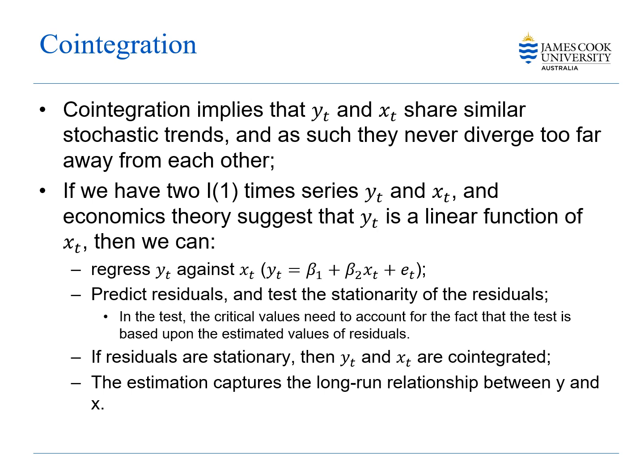So now, if we have two I(1) time series, or maybe many more than two, that's fine as well, and economic theory suggests that yt is a linear function of x, then we can regress y against x to estimate this relationship. Or if we have more than one x, x1t, x2t, x3t, up to xkt, we can regress y against x1t, x2t, x3t, and so on.